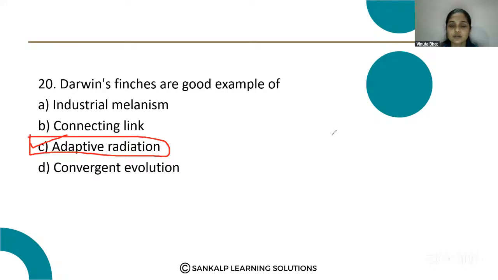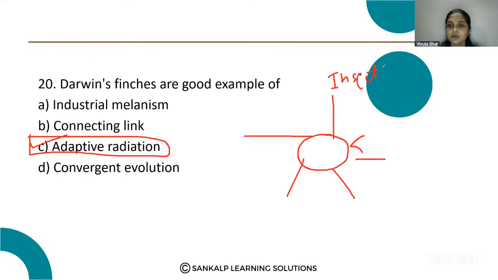So Darwin's finches: on the Galapagos Islands, the original finch was responsible for seed eating. But when it moved to different geographical areas of the islands, it developed insectivorous finches, then vegetarian finches, then nectar-sucking finches, from this original bird.